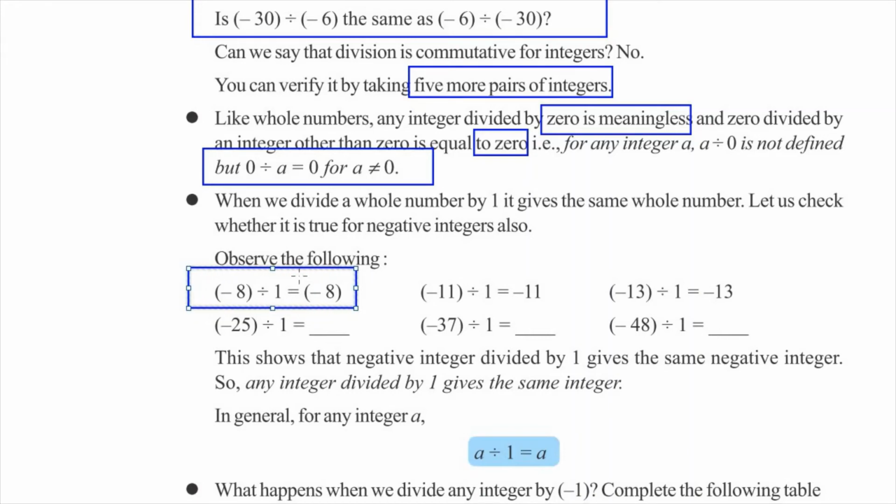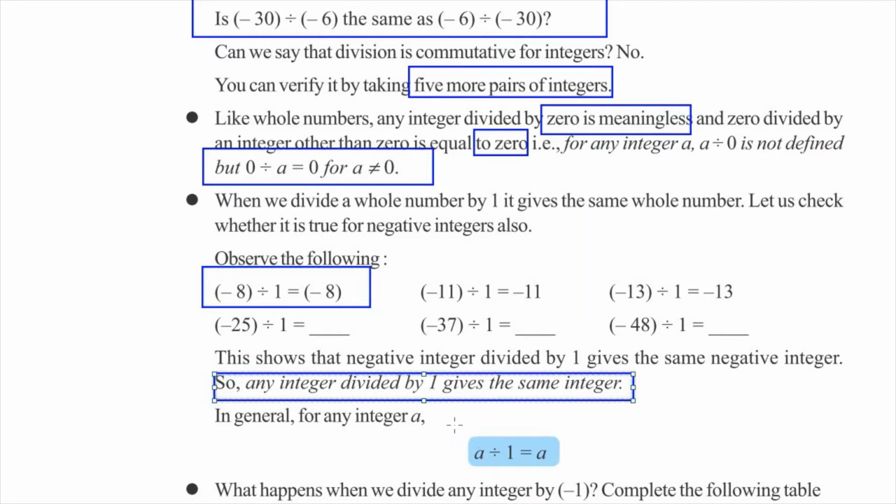Using the properties that we have learned in the previous sections, if we solve all of these, we get that whenever an integer in particular is being divided by 1, you get the same integer. Therefore, in general, we can say that any integer divided by 1 gives the same integer. A divided by 1 is equal to A.